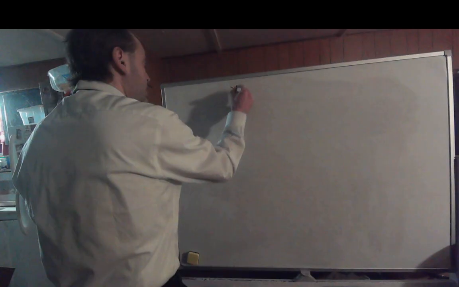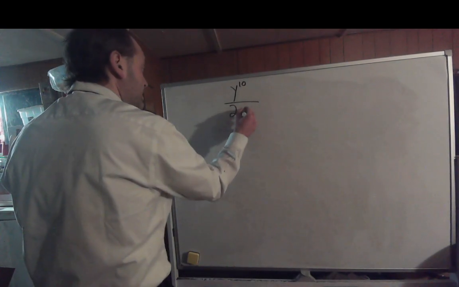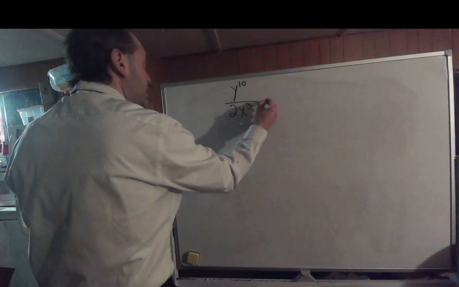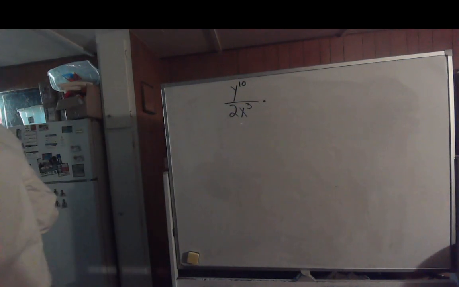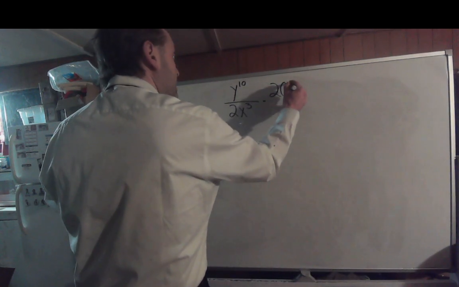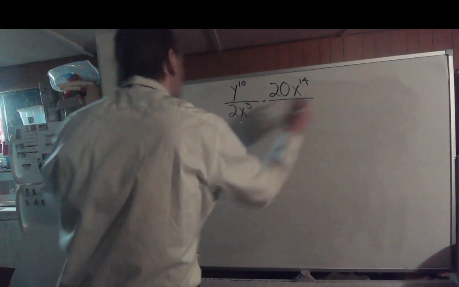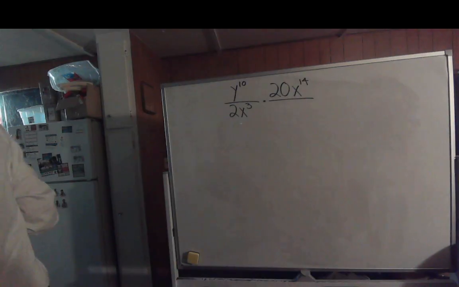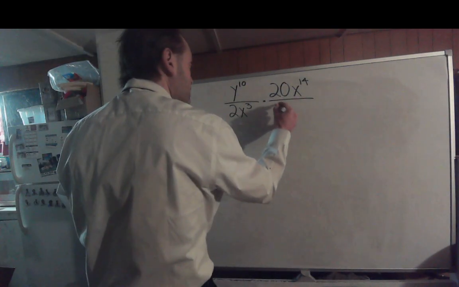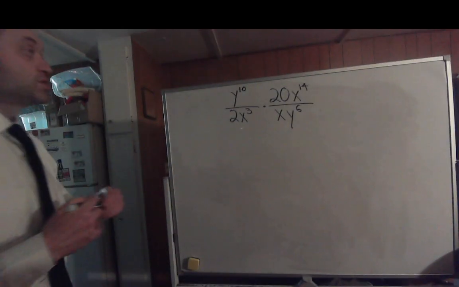So we got y to the 10th divided by 2x to the 3rd. All that times 20x to the 14th over x y to the 6th. Another doozy, right?